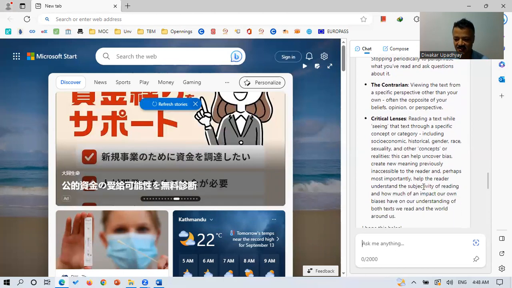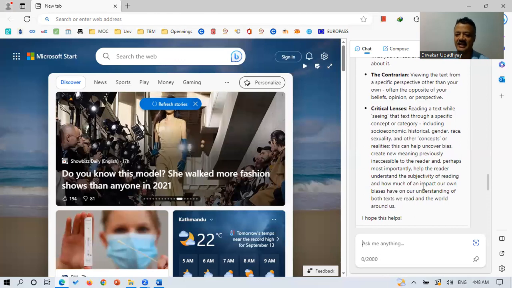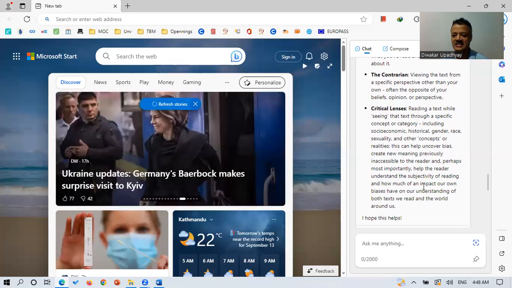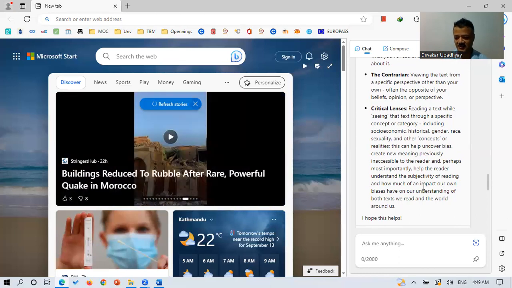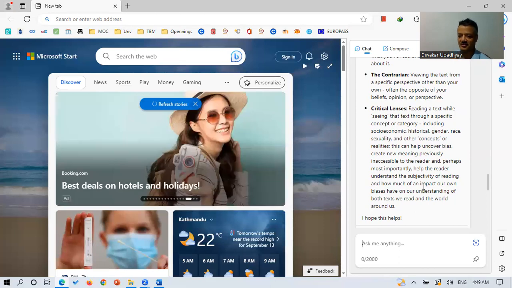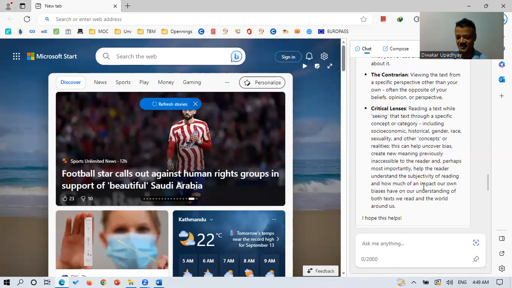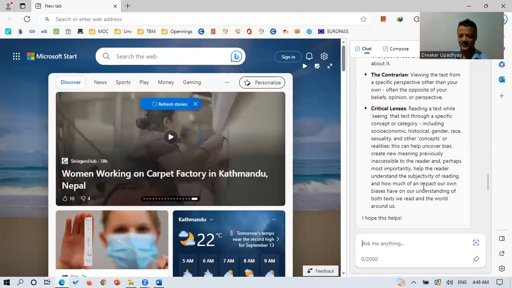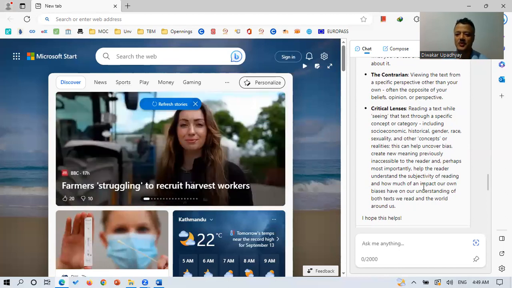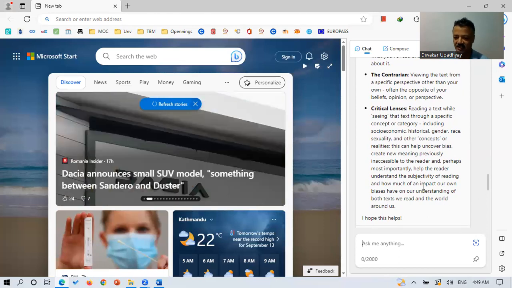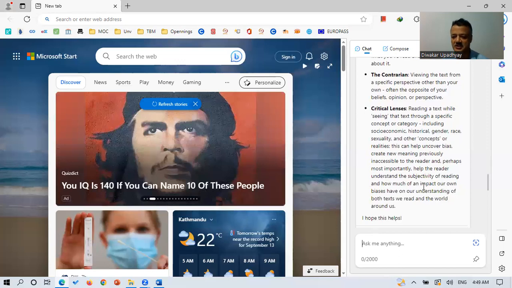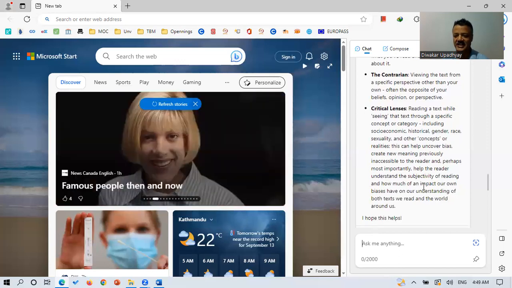Then critical lenses: reading a text while seeing that text through a specific concept or category, reading a text as a feminist, reading a text as a Marxist, right? Reading a text as a psychologist, psychiatrist, right? Reading a text while seeing that text through a specific concept or category, including socioeconomic perspective, historical perspective, gender perspective, racial perspective, sexual perspective.